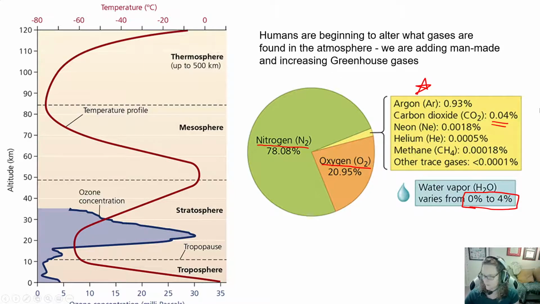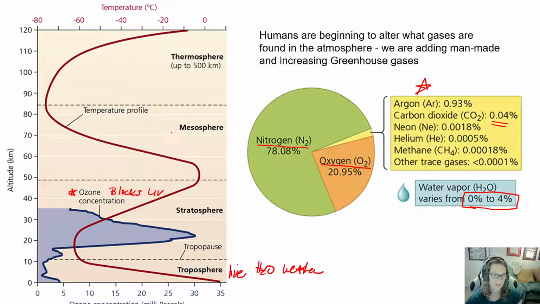Also, please recall that the atmosphere has layers. So we live in the troposphere. Most of the water, all of the weather happens at this layer. And then as we rise up, the stratosphere is formed, and the important part about the stratosphere is it's got the ozone layer, which is the layer that blocks harmful UV radiation.